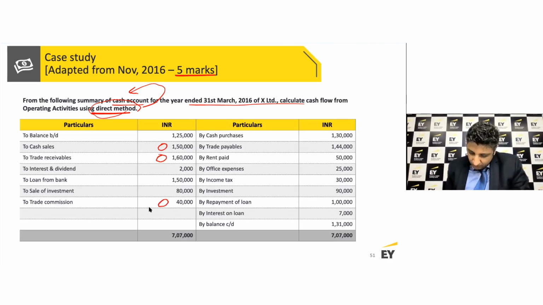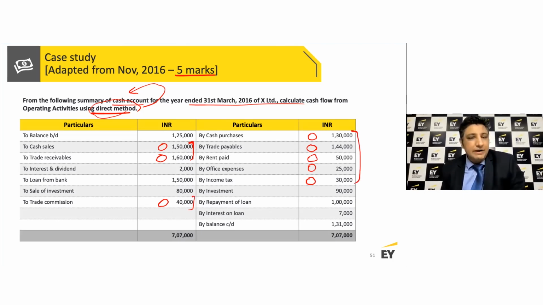Trade commission is operations. My cash purchases is operations. Payables is operations. The rent paid, office expenses, income tax. These are all examples of operations. So essentially, I just need to add these amounts on one side and reduce these amounts on the other side to arrive at my cash flows from operating activities under the direct method.